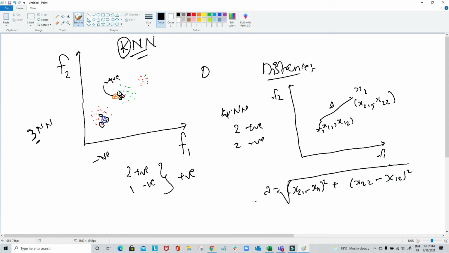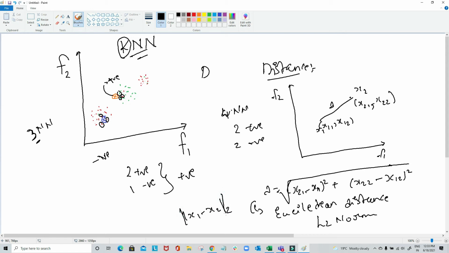And this distance is nothing but the Euclidean distance. This is also called an L2 norm, and this can be represented as x1 minus x2 in second norm. This is how it is represented.